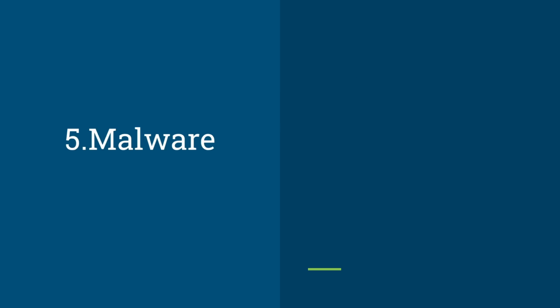Next is malware. Malware means malicious software. Examples of malware are Trojan horse, adware, virus, worm, ransomware, etc. Suppose a user downloads a free software application from an untrusted website. What will happen? Soon after the installation, the computer starts behaving erratically.